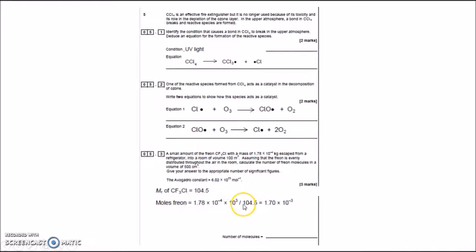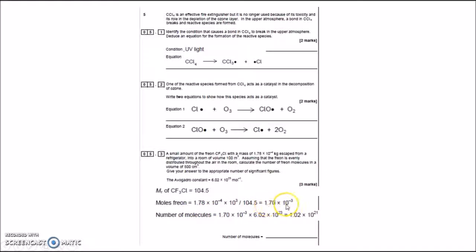So moles of Freon is that. I know that 1 mole of Freon, 1 mole of anything, the number of particles is Avogadro's number. I haven't got 1 mole of Freon, I've got 1.78 times 10 to the minus 3. But the number of moles that I have multiplied by Avogadro's number will tell me how many molecules or particles there are in there.